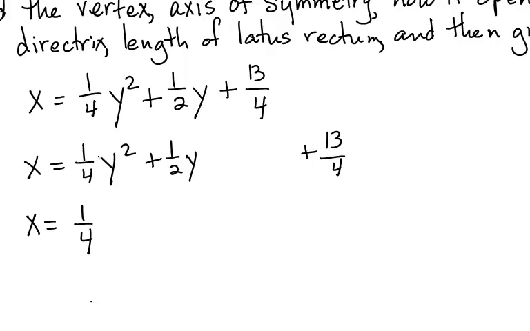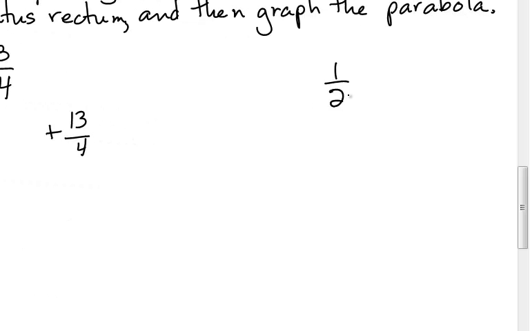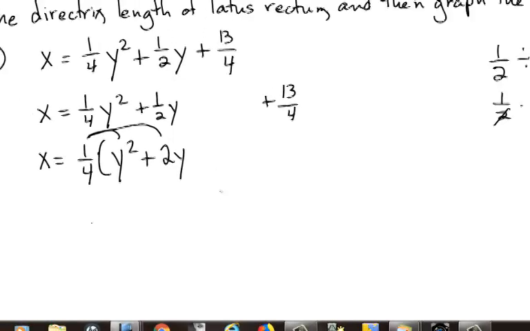So it's like divide that first term by 1/4, divide the 1/2 by 1/4. So 1/2 divided by 1/4, invert this fraction, so you'd end up with 2. So you get y squared plus 2y. If I multiply this back, I'd get the original 1/4 y squared. If I multiply this back, I'd get 2 over 4, which is 1/2. And that's what I want.